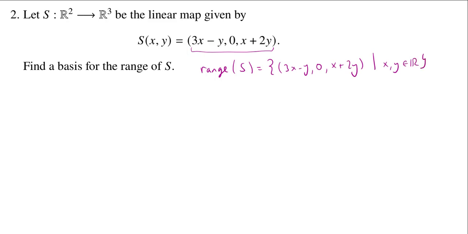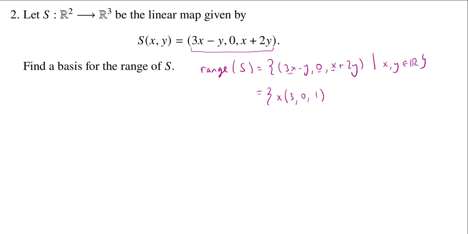All right, well, let's just fiddle with this expression a little bit. So I notice here there's an x in the first and the third components. So if I pulled an x out of 3, 0, 1, where am I getting that? Notice here it's 3x, 0 x's, and 1x.